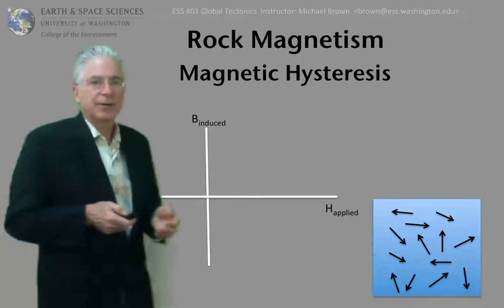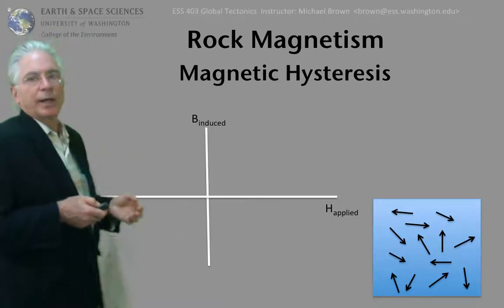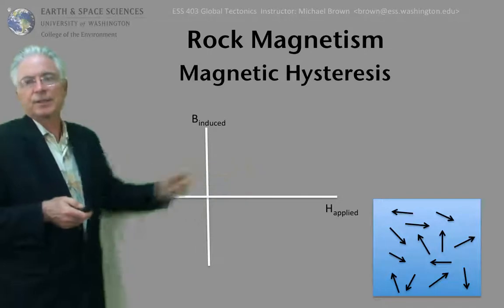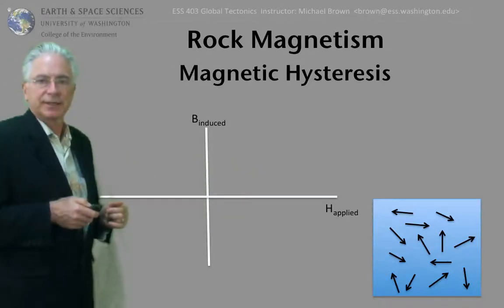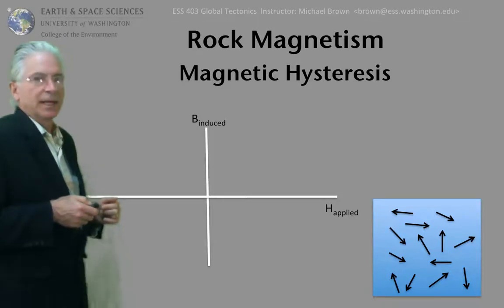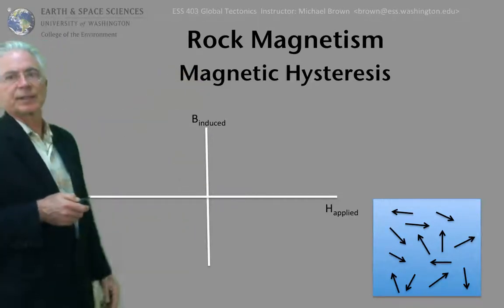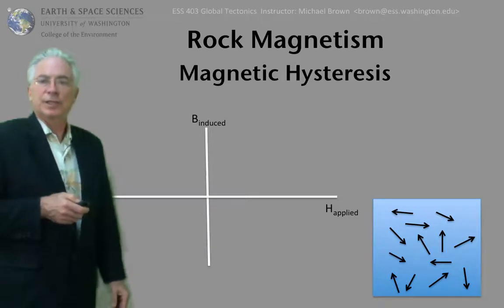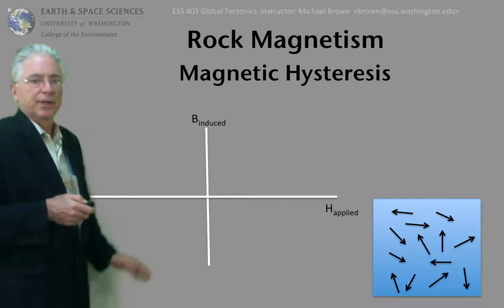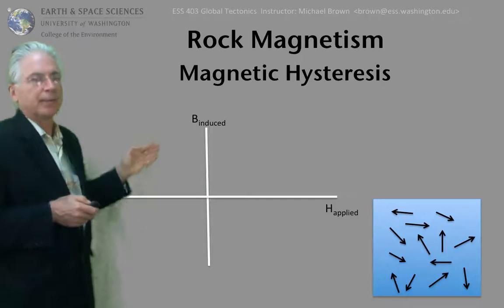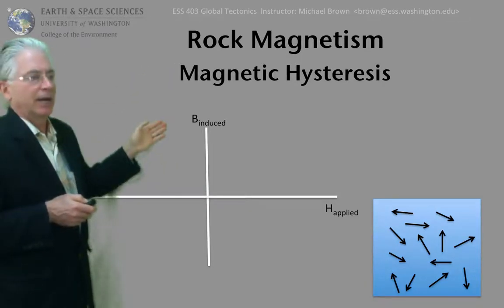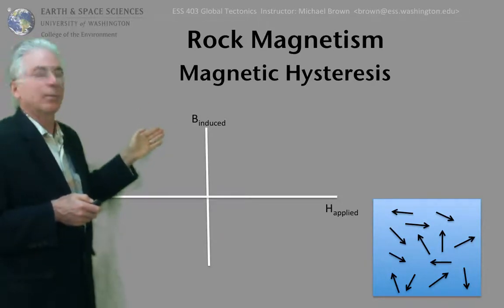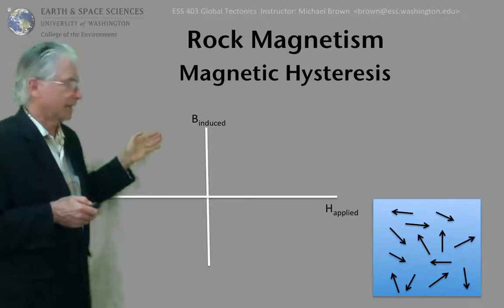I introduce here an XY plot, and on the horizontal axis it says H applied. That's the magnetizing field applied to the sample, and the vertical axis is the magnetization induced in the material. So we apply a magnetic field and measure how much magnetic induction there is, how much additional magnetic field as a result of the internal magnetic moments of the rock aligning themselves.